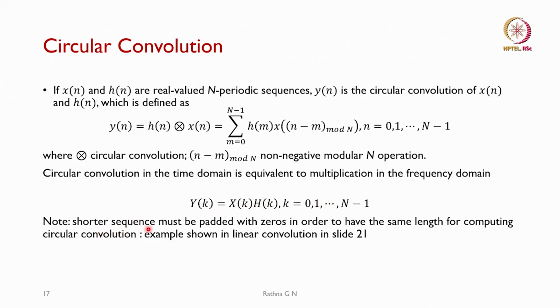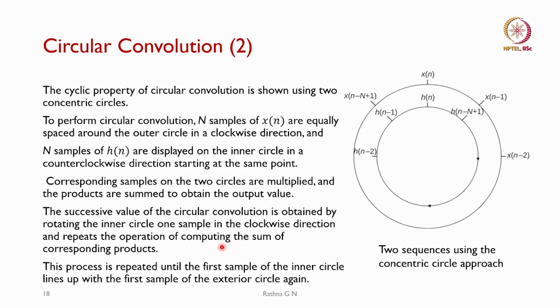The shorter sequence must be padded with zeros in order to have the same length for computing circular convolution. What do we mean by that? x of k and h of k are of different lengths. So, to make them equal in length, one of them has to be padded with zeros. We will see the linear convolution in slide 21, how we have padded with zeros, made the length a power of 2, and then used it in our circular convolution.